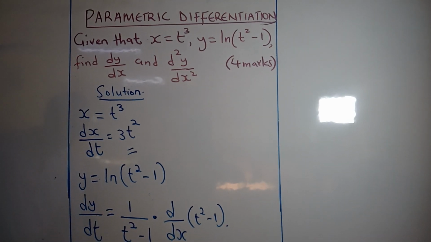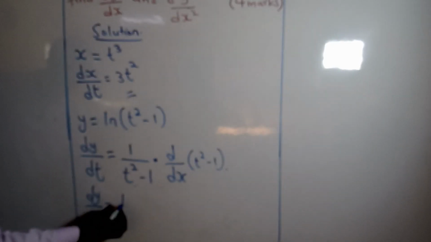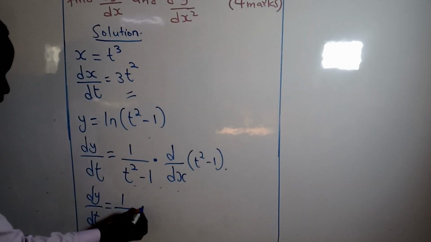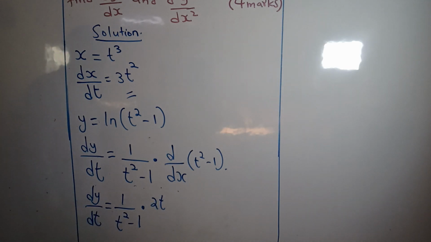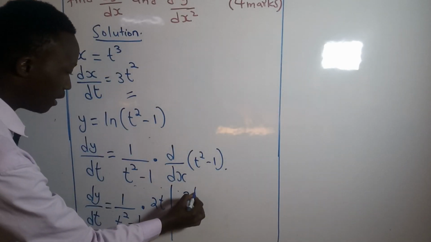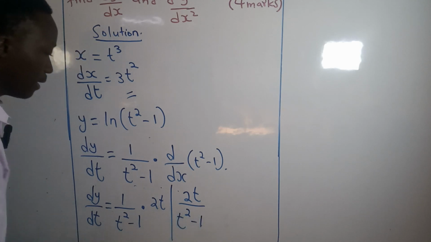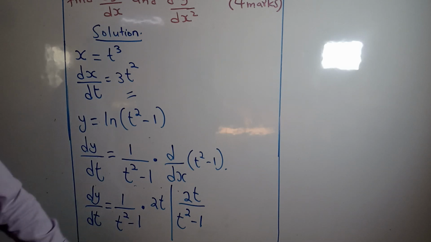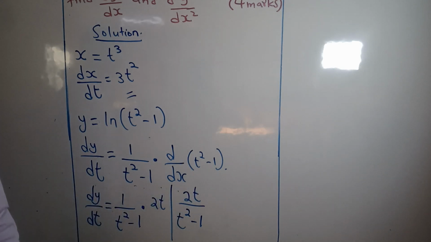Therefore, dy over dt is equivalent to 1 over t squared minus 1 multiplied by 2t, and that gives us 2t over t squared minus 1.